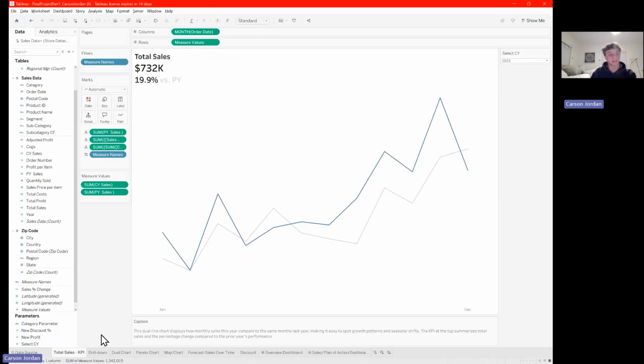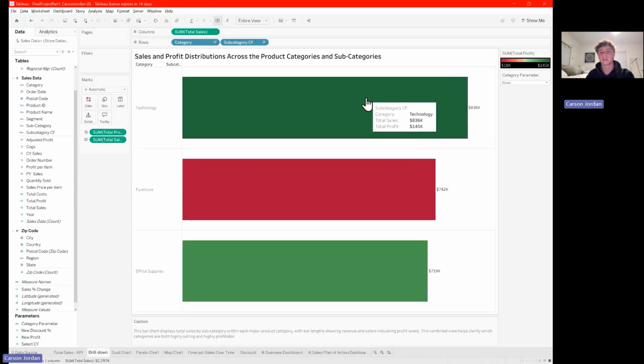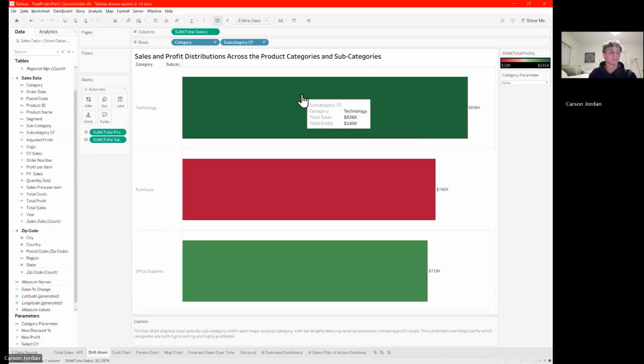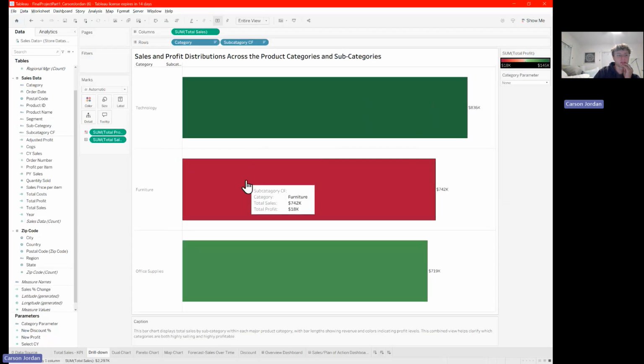So let's go to see my subcategories. I built a drill down chart that breaks performance into product categories and subcategories. The technology and furniture categories clearly lead in both sales and profitability.